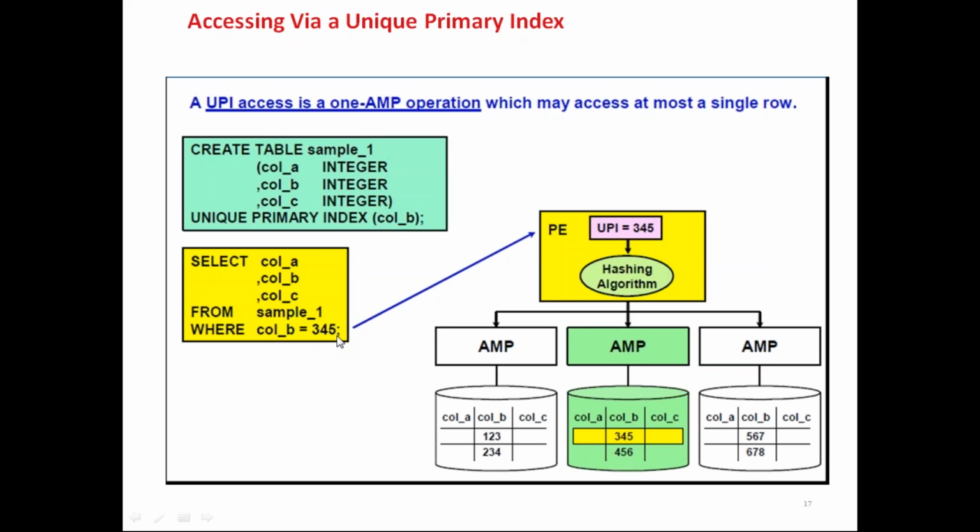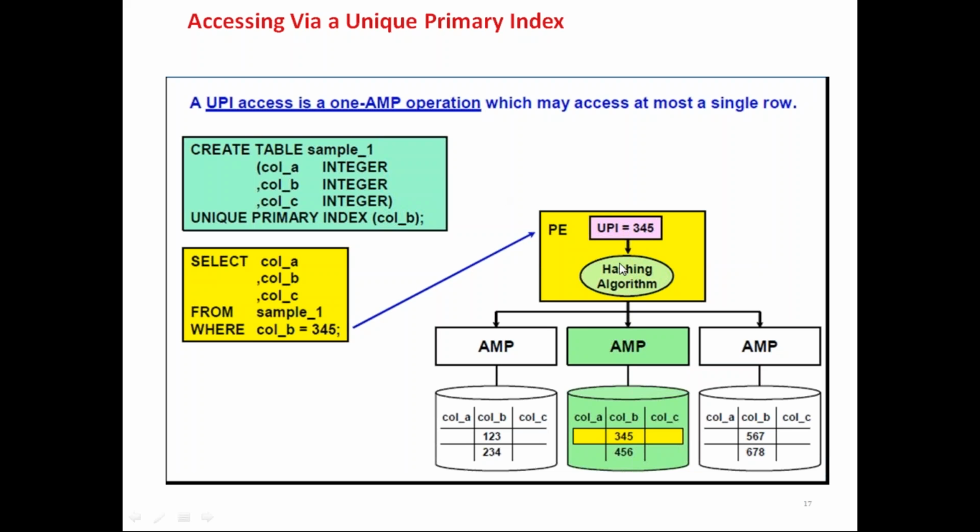What happens again while retrieving the data is that the parsing engine will give this record's primary index value to the hash algorithm, and the hash algorithm has the property of generating the same hash value for the same primary index value. So for 345 it would generate the same hash value which it generated during the insertion of the record.